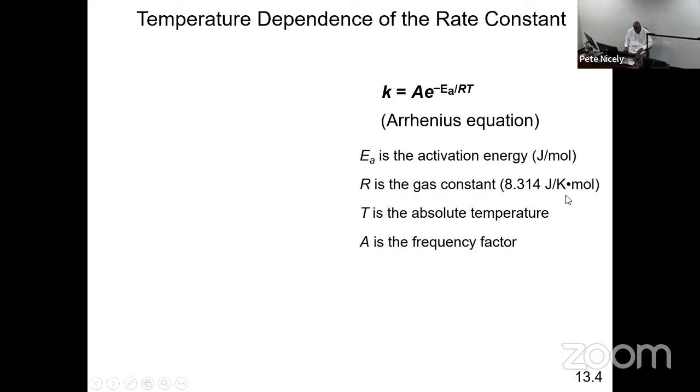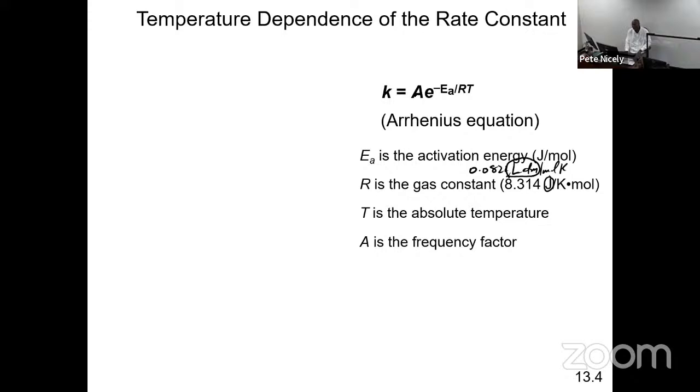You are probably more accustomed to R being equal to 0.0821 liter atmospheres per mole Kelvin, which is the same thing as this, but you'll notice that the liter atmosphere units in this value of R are replaced by joules, right?